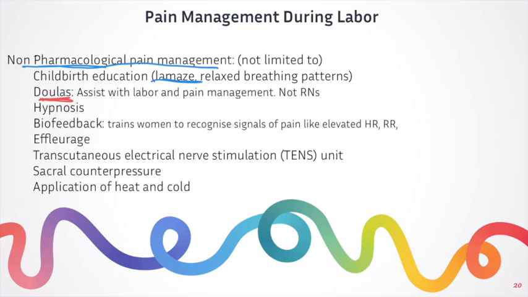I just saw a video yesterday on YouTube about hypnosis in labor. I find it fascinating. I've never had a client use this, but whatever floats your boat, I think it's great. Some people use biofeedback. They use effleurage. Effleurage is basically where they can lay in bed or sit in a semi-Fowler's position, and they use the tips of their fingers.